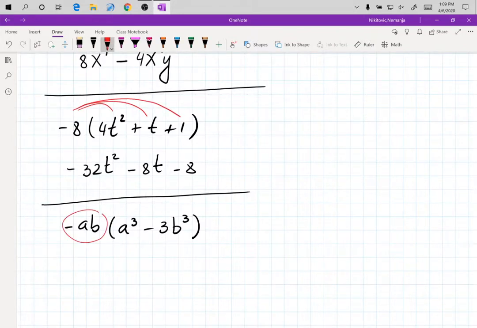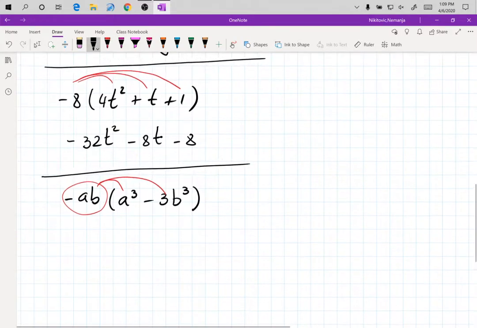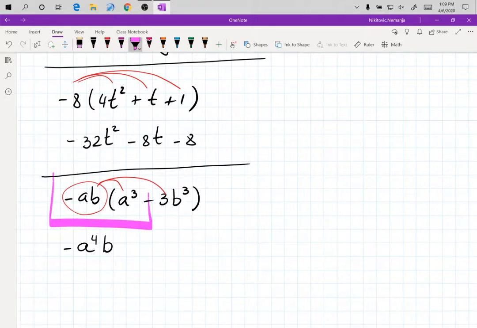So again, this is all one unit and multiplies into both. So what do I have? Well, a times a cubed, that's 1 plus 3 is 4. So negative a to the 4, and I just have 1b, because if I just look at this first part that I'm dealing with, there's only 1b. So it's just b to the first power.